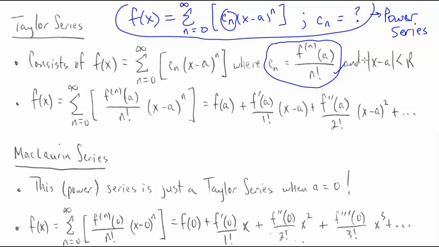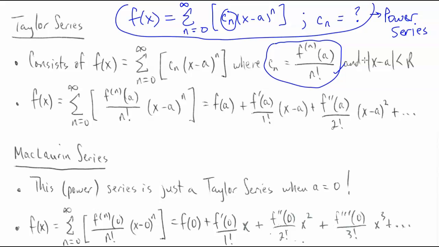Now, it's important for us to understand that, because when we also look at binomial series, and I told you I'm going to do a separate video series for that, you're going to see that, again, we're going to have a power series to start out. Basically, I'm going to represent a function as some polynomial, but the way in which it's going to look is going to be different.